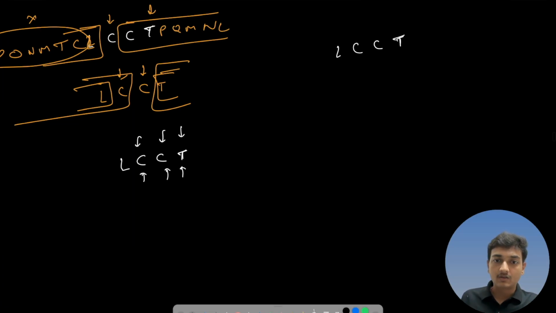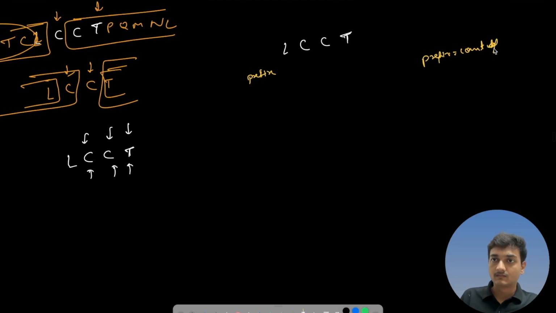Okay, now I can write my prefix. My prefix is basically count of L, and my suffix will be count of T, because at every point, I hope you got it, I need to bother about how many L are there in the left side, how many T's are there in the right side.